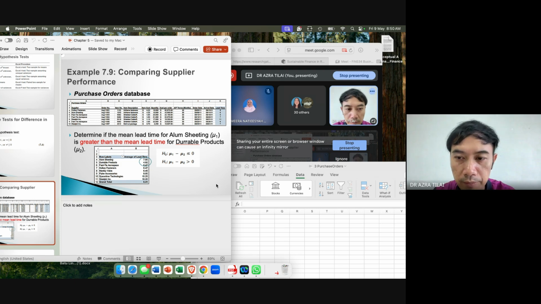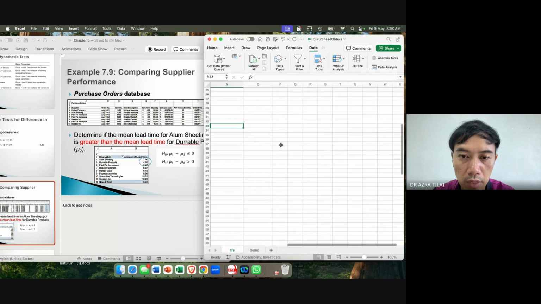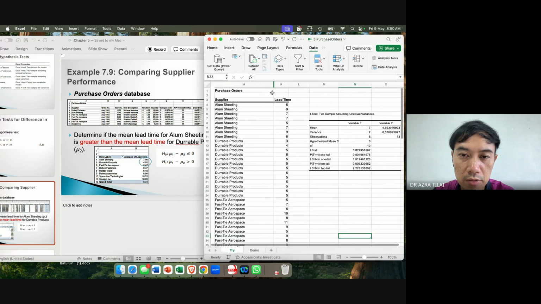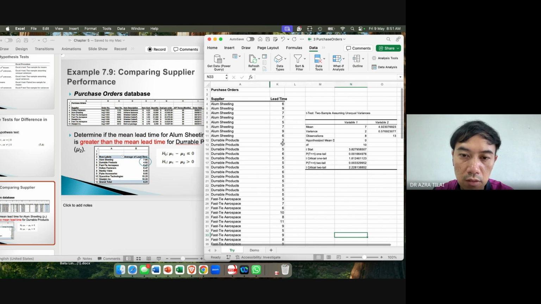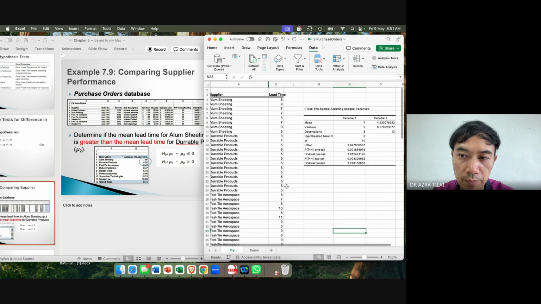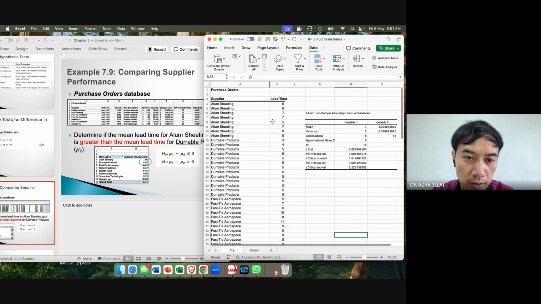Average lead time. Okay, remember the pivot table. They're using the pivot table to actually construct this. So meaning is that it is the average of these two. This aluminum sheeting and durable products.